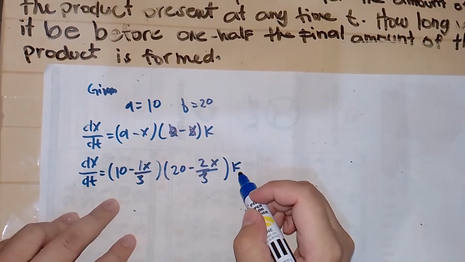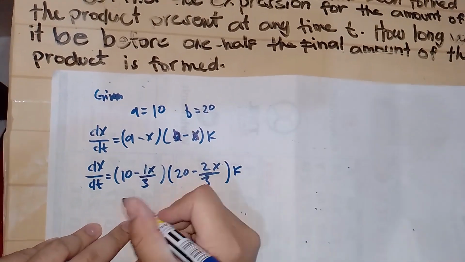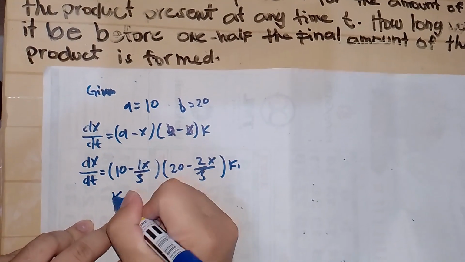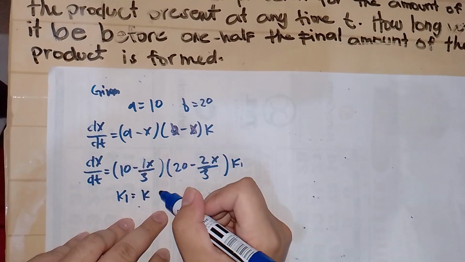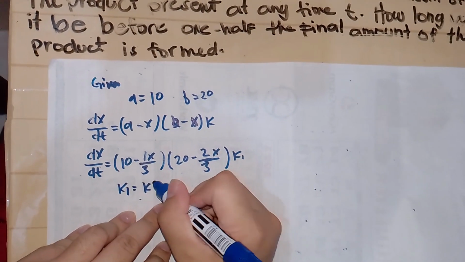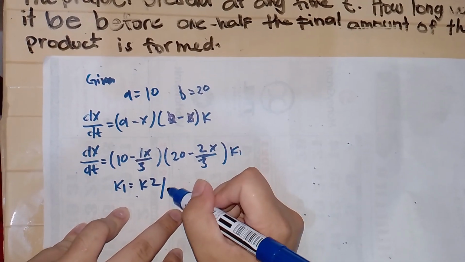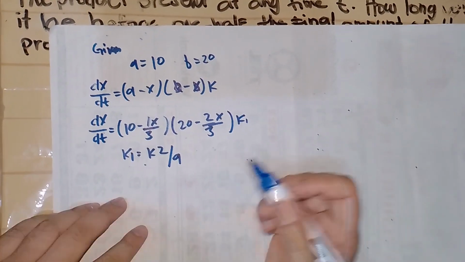So now the value of k, let's say this is k1, the value of k1 is equal to k of 2 over 9. So that is the value of k1.